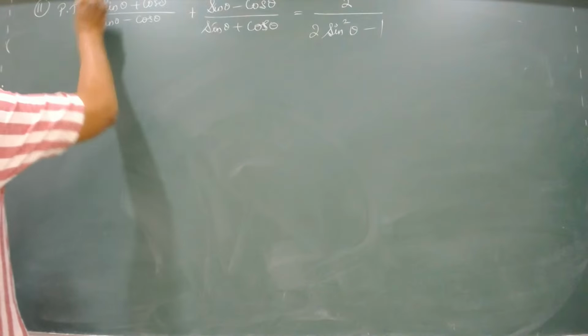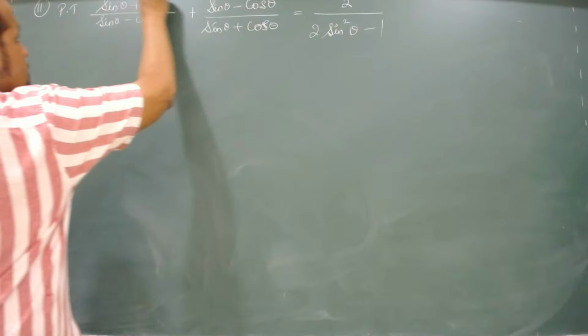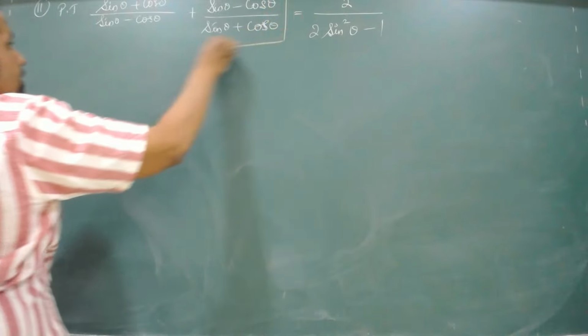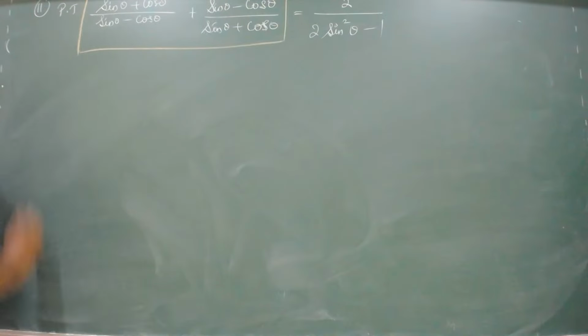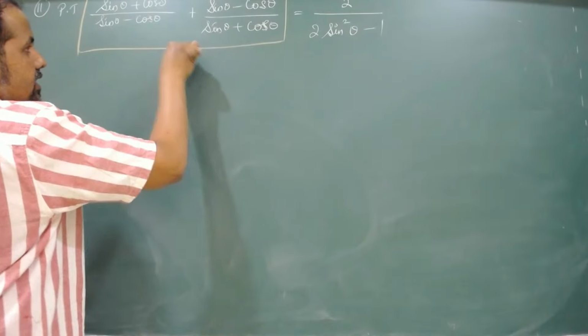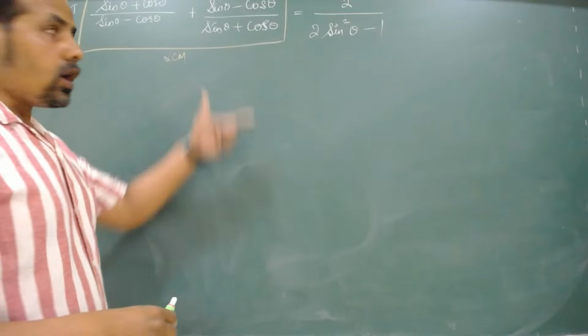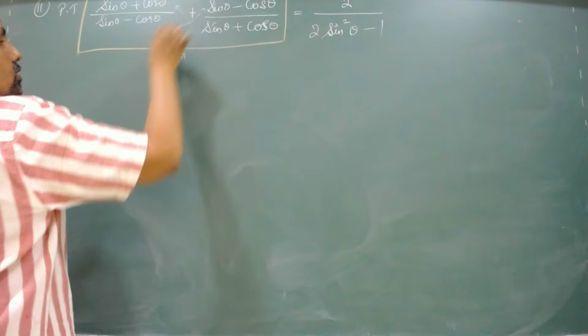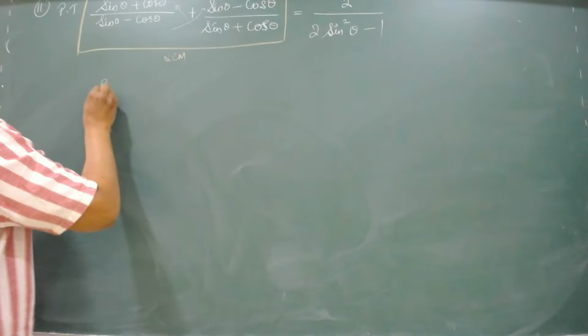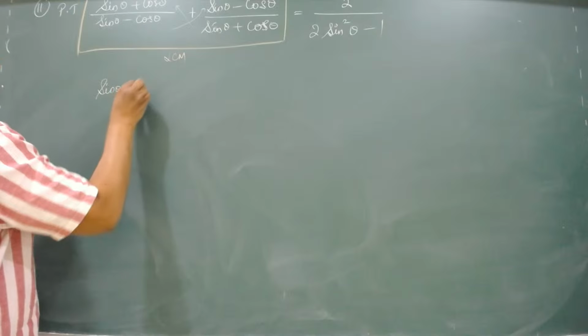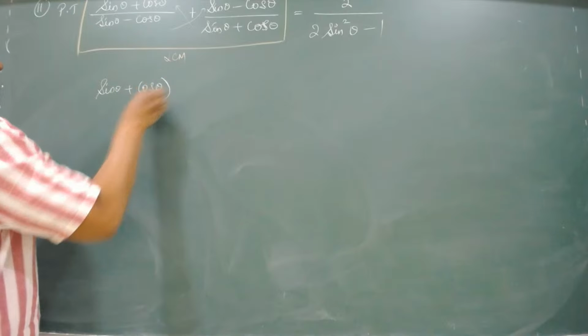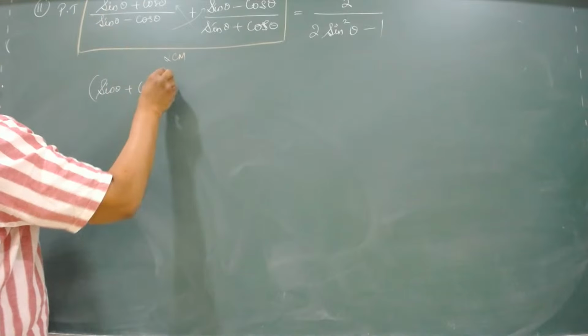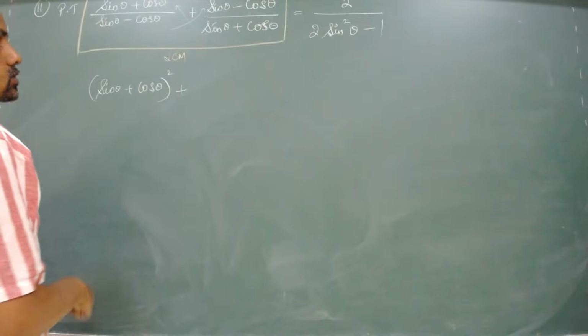Okay, let us get started with the left hand side part. Let us focus on the LHS. Let us take the LCM for the left hand side. On taking the LCM, sin theta plus cos theta into sin theta plus cos theta is sin theta plus cos theta whole square.